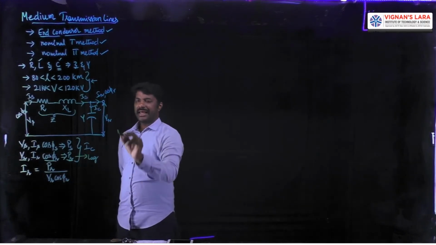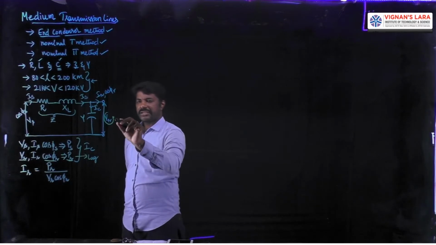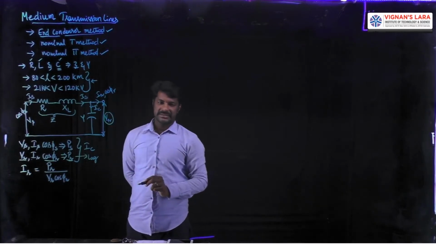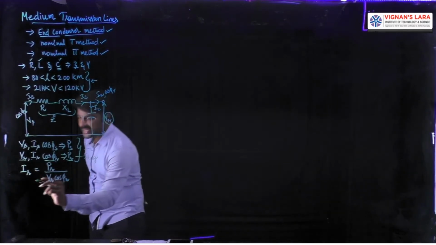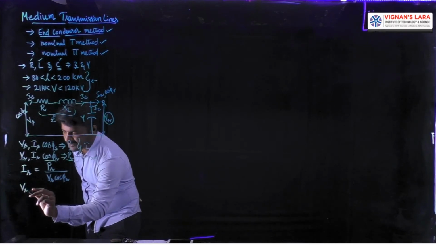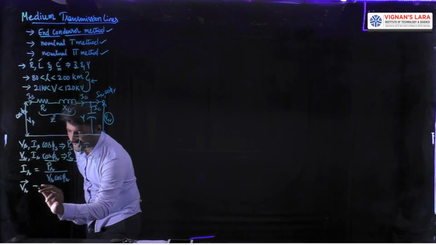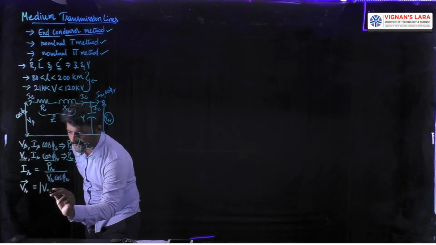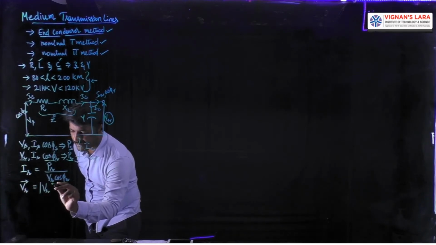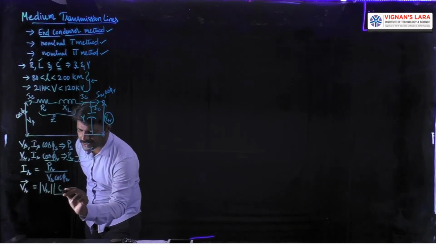Also our entire analysis is done by taking the voltage VR as a reference. Since VR is taken as a reference, I can write VR as a phasor quantity which will have a magnitude of V suffix R making an angle of 0.